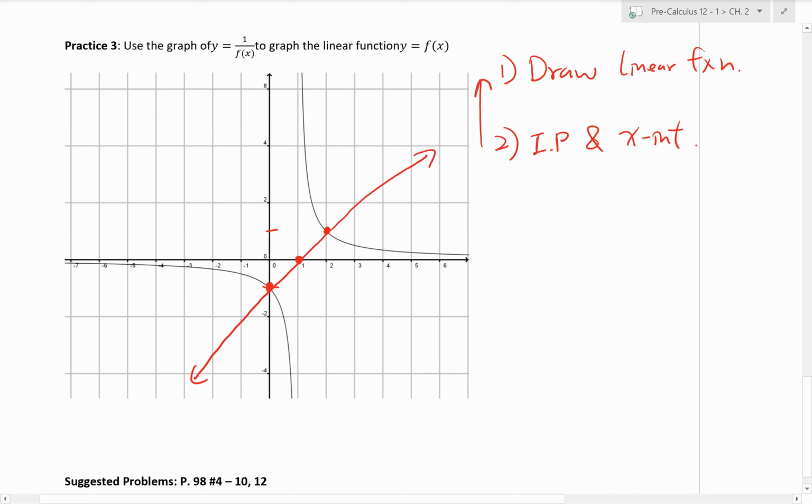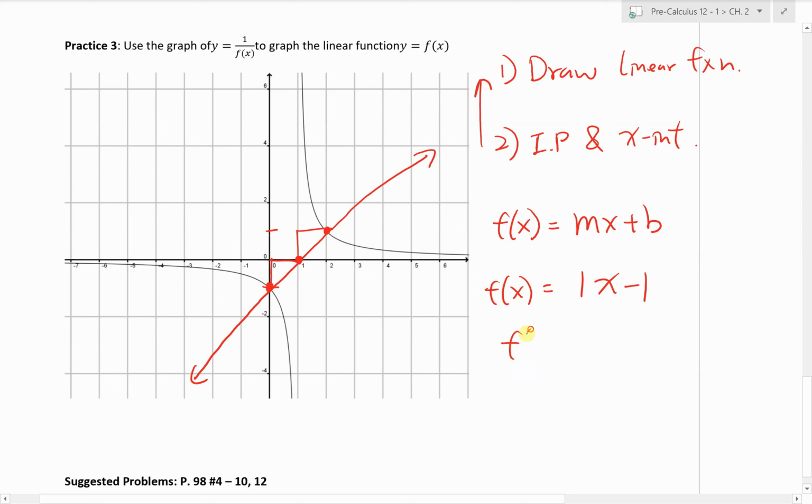I guess you only asked us to draw the linear function, but we could actually figure out the equation of this linear function. You know what, let's do it. In this case, f of x is mx plus b. Now the y-intercept, you can see it's -1. M is the slope, so if you look at these 3 points, you can see we're going 1 right, 1 up, therefore the slope is 1.